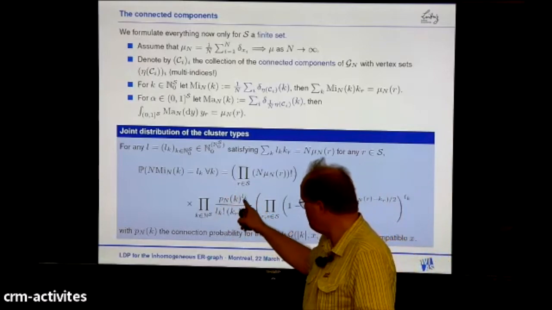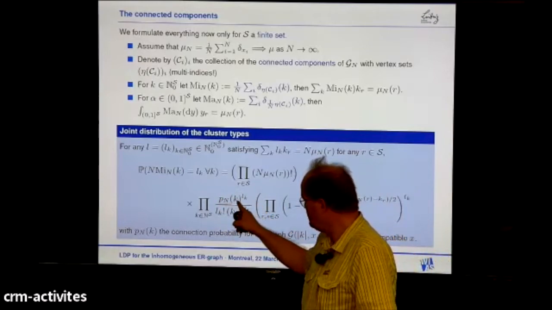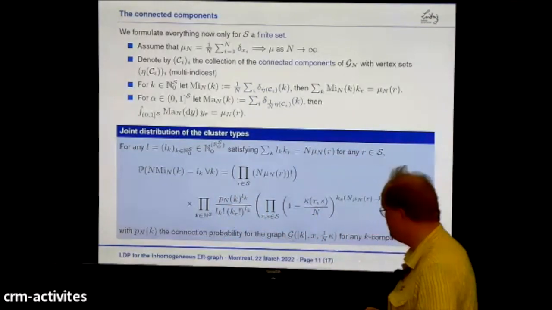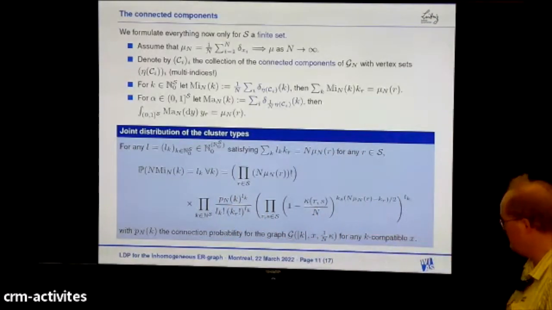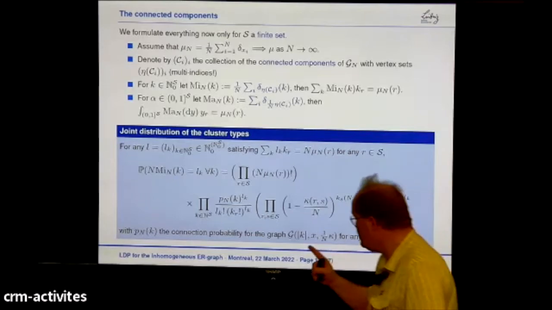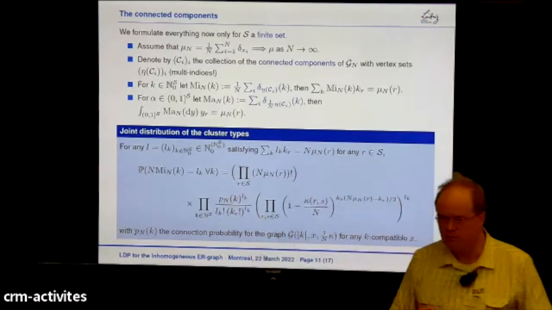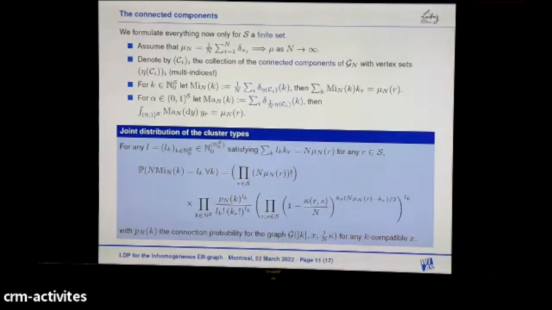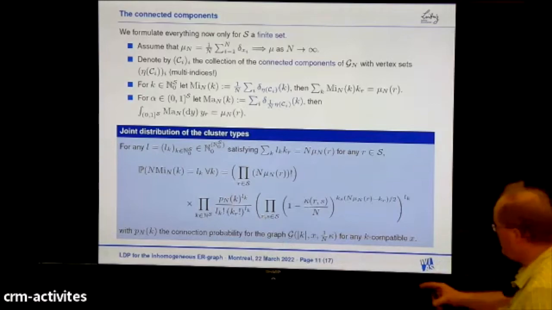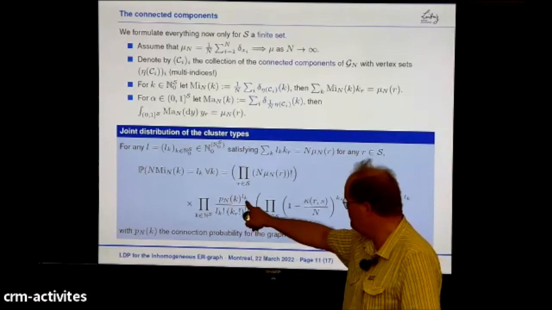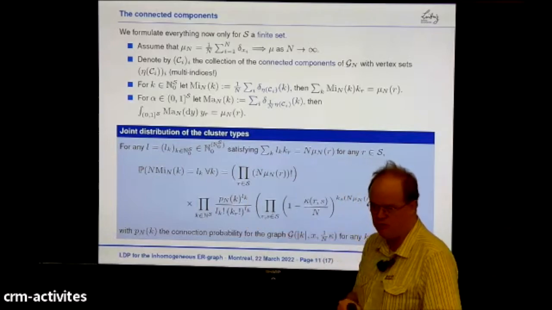And then you have here the probability that the particle cloud with k as a multi-index is connected. P_n of k is just the probability to be connected in your random graph, and you have it l_k times because you have l_k such components.